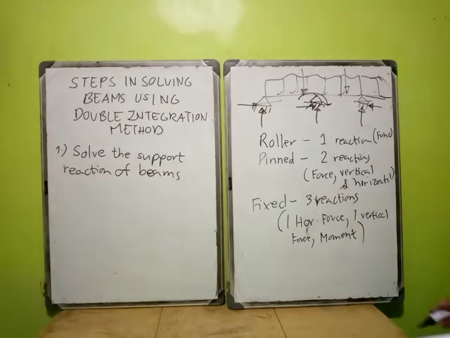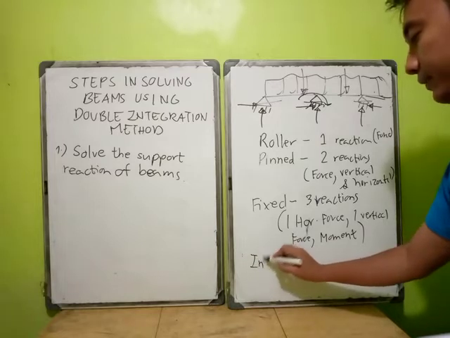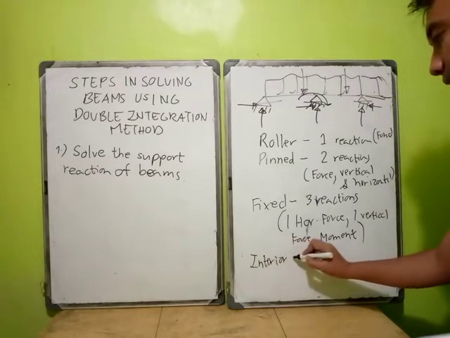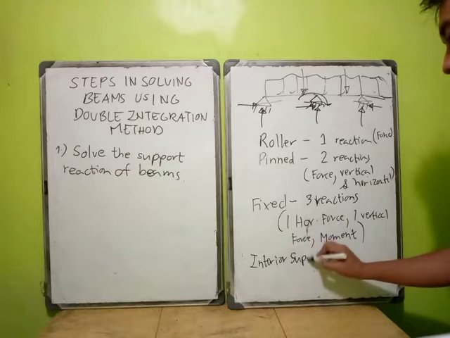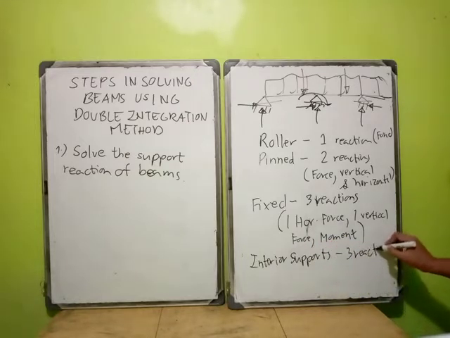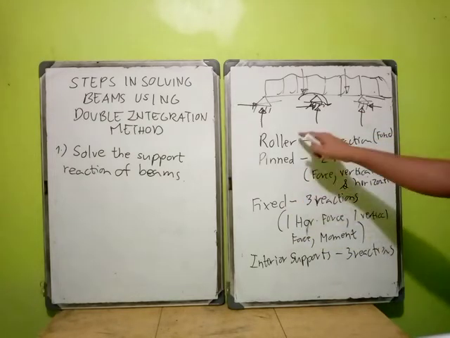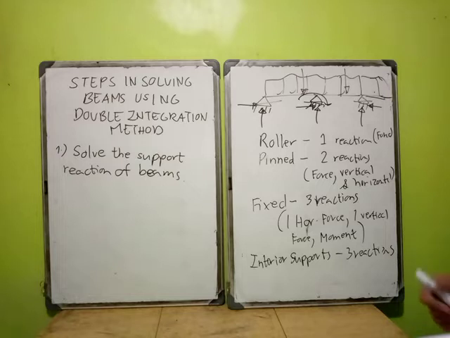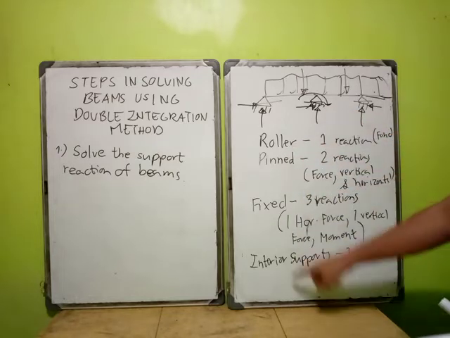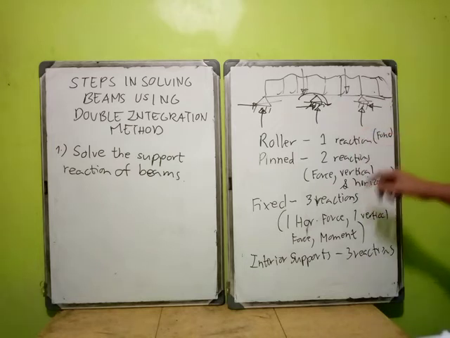Also, this is also true for interior supports. Interior supports also have 3 reactions, regardless if it is fixed, pinned, or roller at the middle. So, mayroon sa 3 reaction kapag interior support siya. So, roller has 1 reaction.